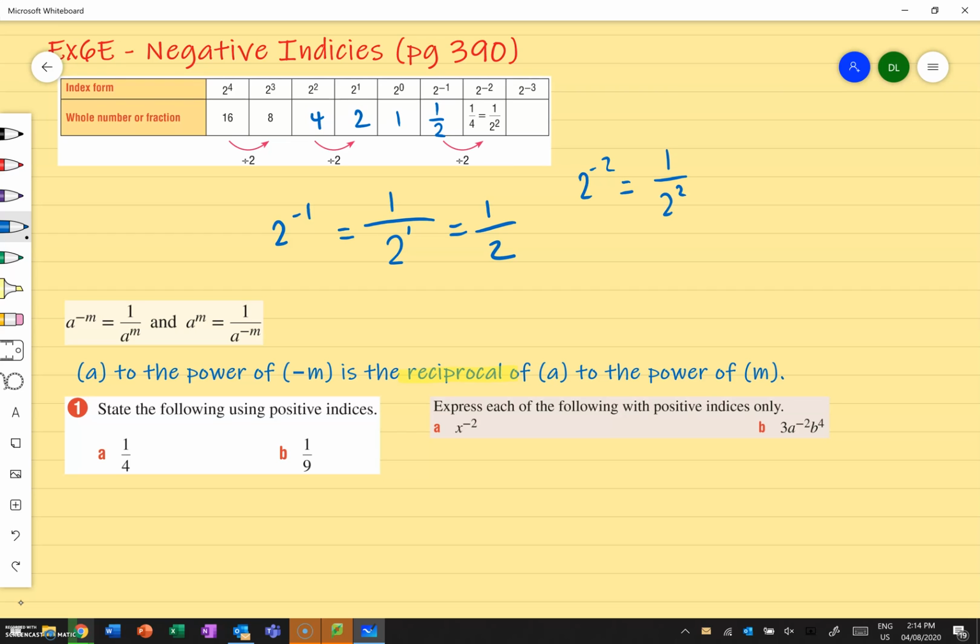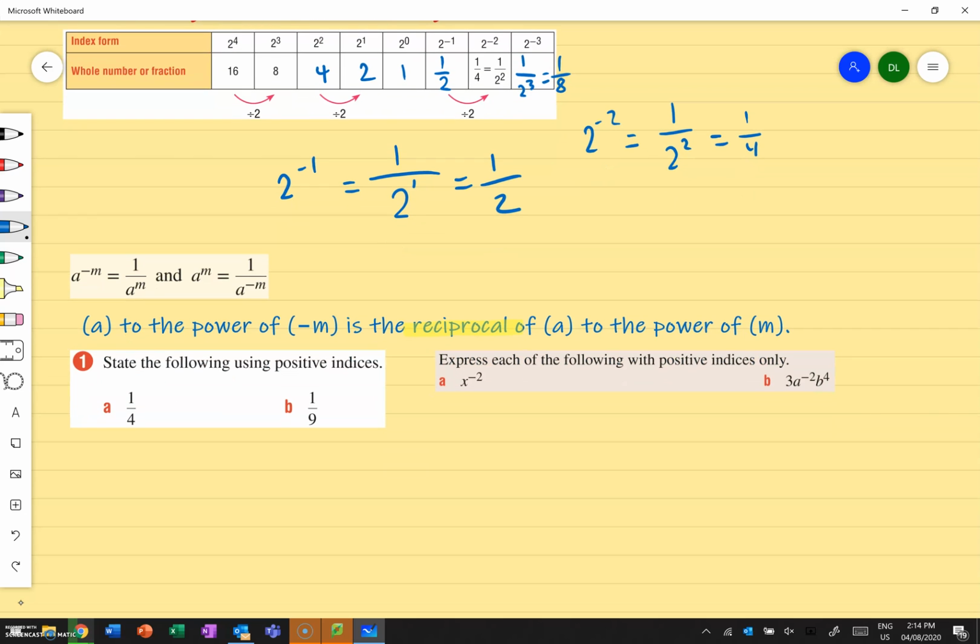That is a positive 2 because I put it under the fraction, and I end up with 1 over 4 because 2 squared is 4. Same thing over here, 2 to the power of negative 3, I get 1 over 2 to the power of positive 3. Once again, I've removed the negative and put it under the fraction, and I get 1 over 8. If you put that in the calculator, you would get 1 over 8 or 0.125, depending on your calculator setting.